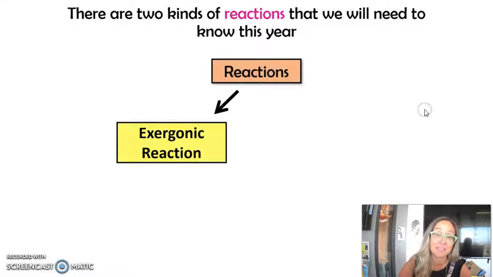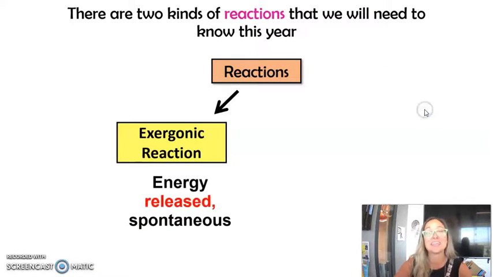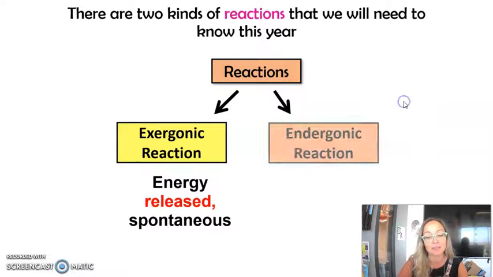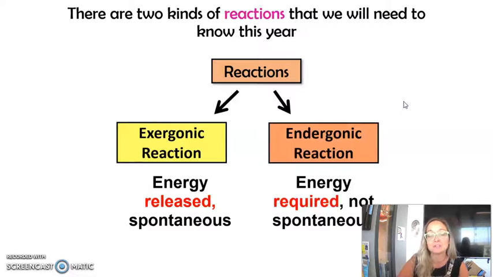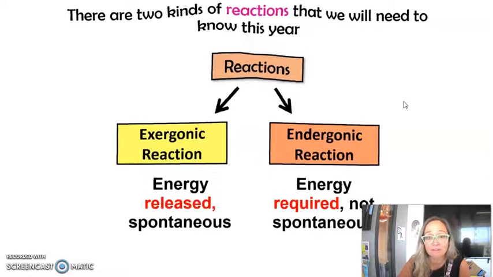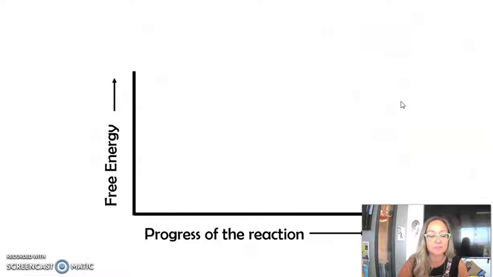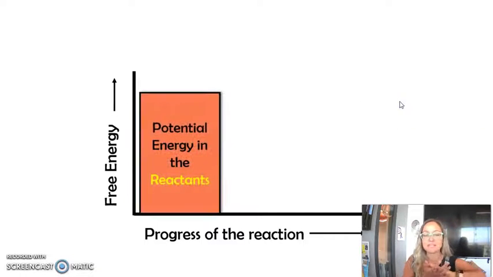They can either be exergonic, which is an energy-releasing reaction, or they can be endergonic, which is an energy-requiring reaction. So if we look at this in graph form, here, if we look at the amount of free and available energy, so we have potential energy, maybe this is in like carbohydrates.